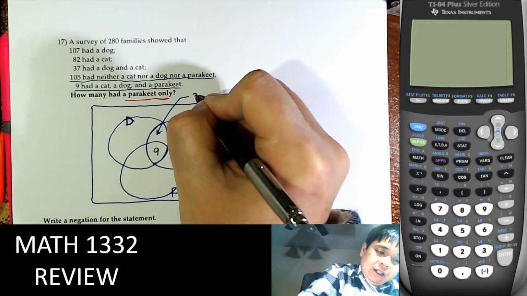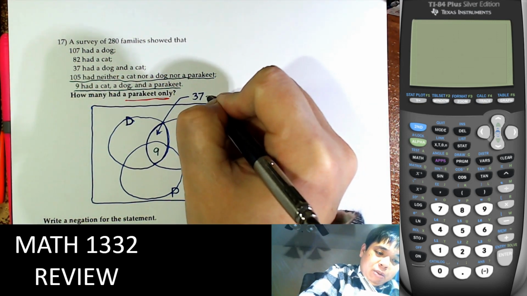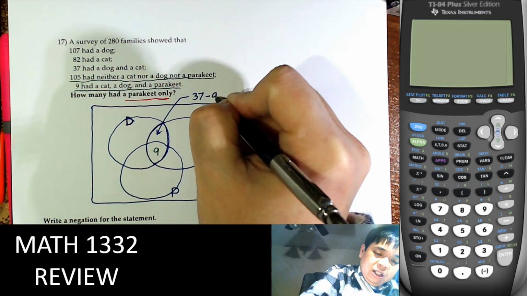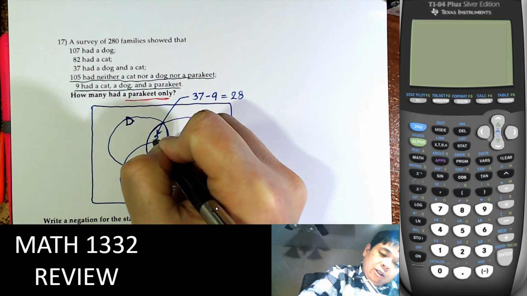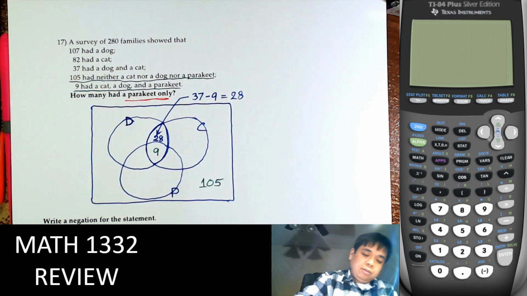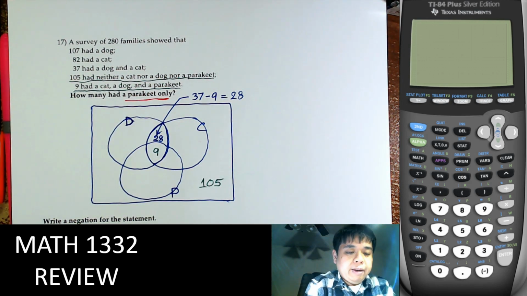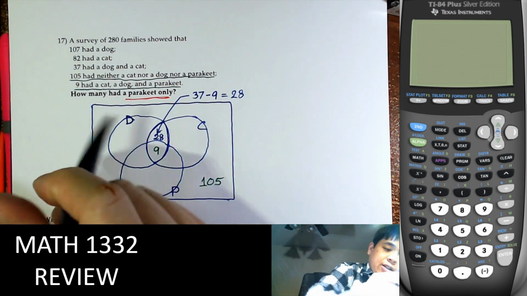So 37 had the dog and the cat, and we minus 9. So that's 28. Right. Now, next, we did take care of that.